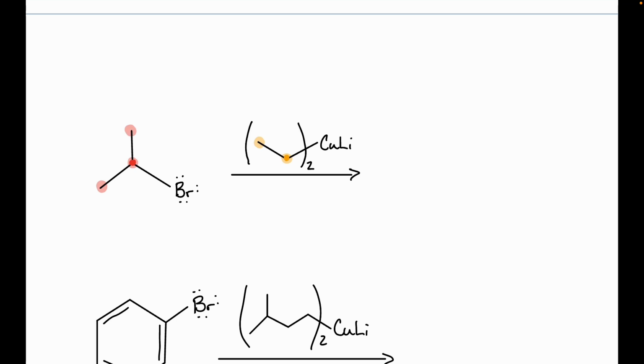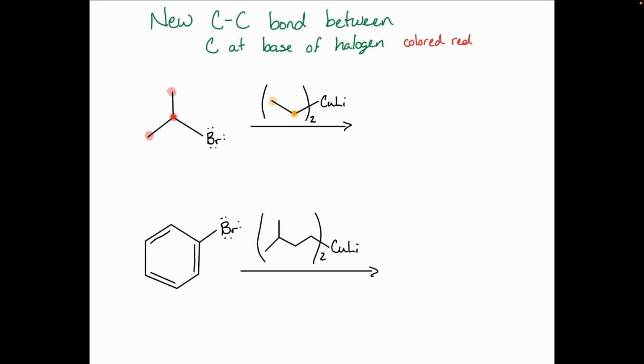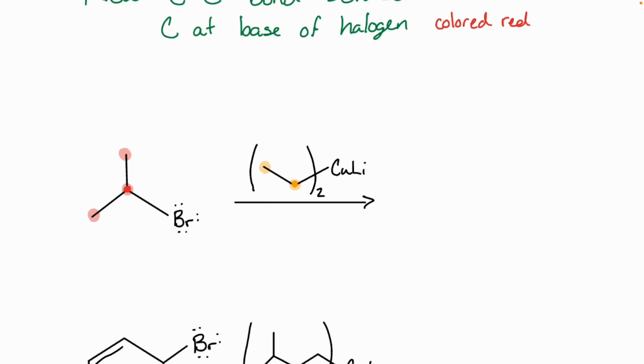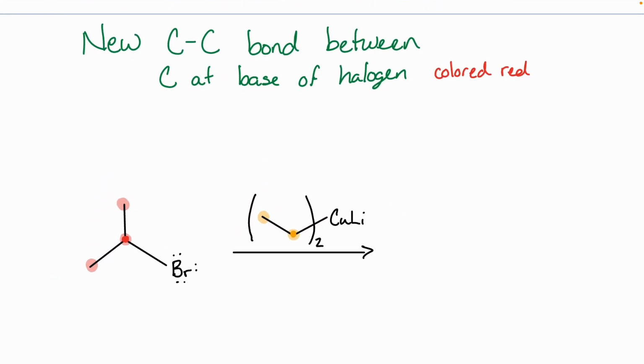Okay, so let's just say explicitly here that our new carbon-carbon bond is between the carbon at the base of the halogen, which I colored in red, and the carbon at the base of my metal, at the base of the copper.